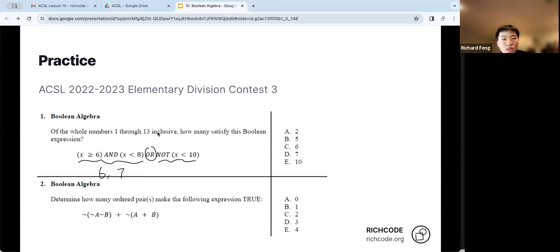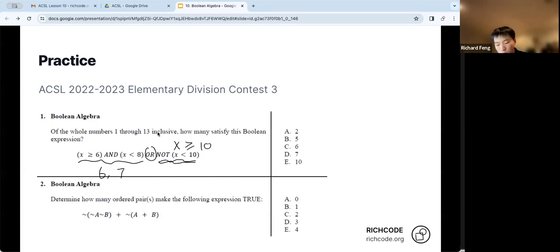And here's where some of you made a mistake. On the right side, not x is less than 10 is the same thing as x is greater than or equal to 10. So do not forget 10 over here. This is a common mistake. So when we're negating x is less than 10, it's x is greater than or equal to 10.